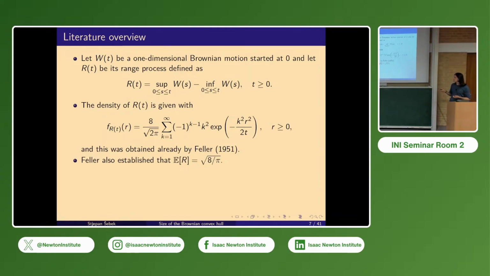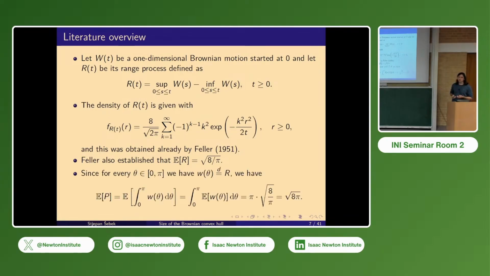So this is again a range at time 1, and just by using this result, we can reconstruct the result obtained by Takashi in this 1980 paper from American Mathematical Monthly, when he calculated that the expected perimeter is square root of 8 pi. Because for every theta, in law, we just have the range.